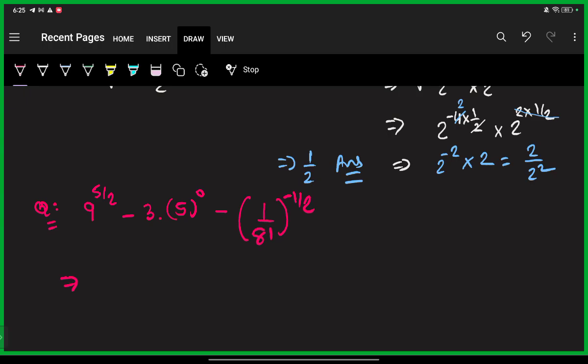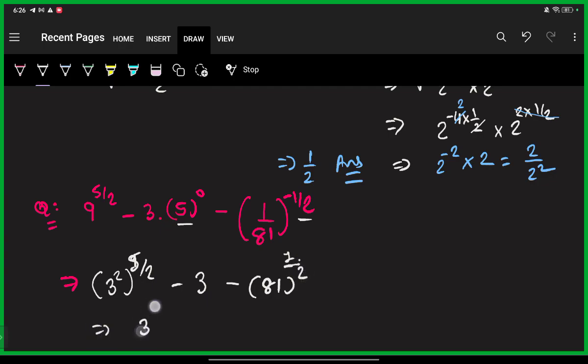So first we'll write 9 as 3 raised to 2, into 5 by 2, raised to 5 by 2, right? Minus 5 raised to 0 means 1, right? Since there is this negative power, we can write 81 raised to 1 by 2, which is basically 9 raised to 2.